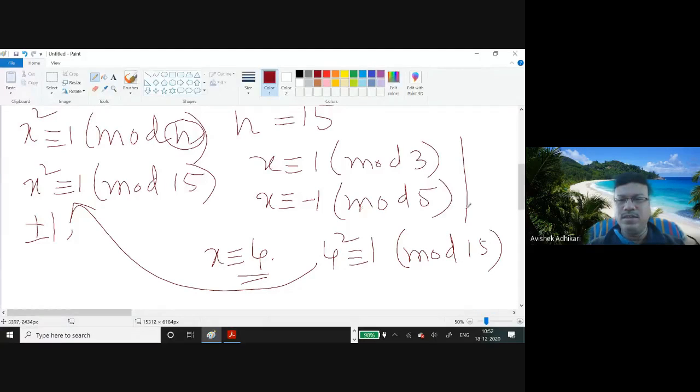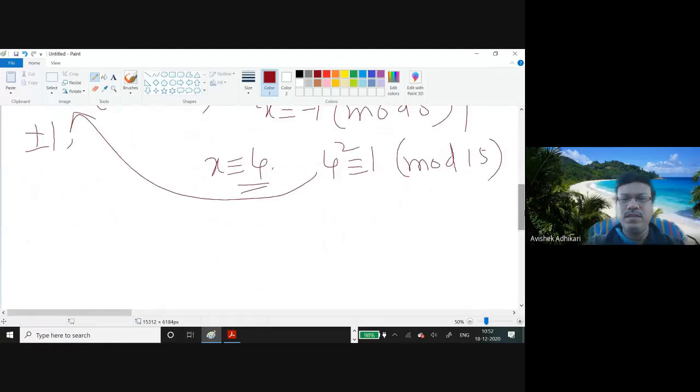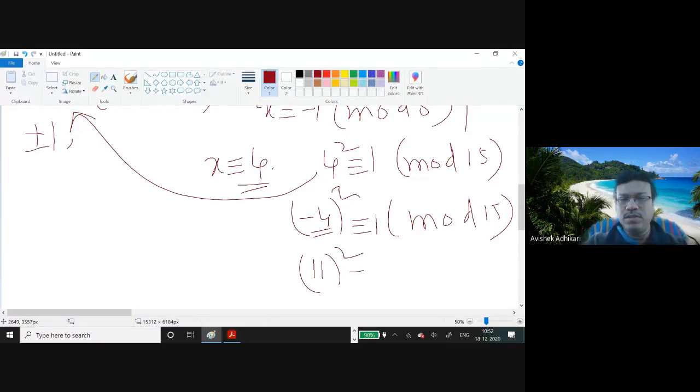Yes, so that is minus 4, right? If 4 square is congruent to 1, then minus 4 square is also 1 modulo 15, right? And what is minus 4? This is nothing but 11. So 11 square is also 1 modulo 15.